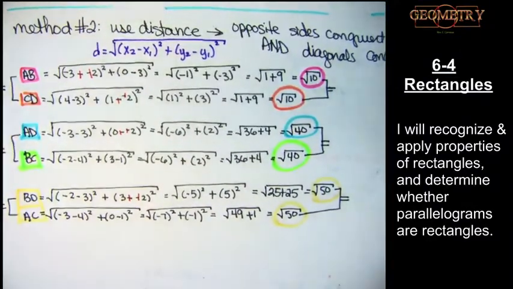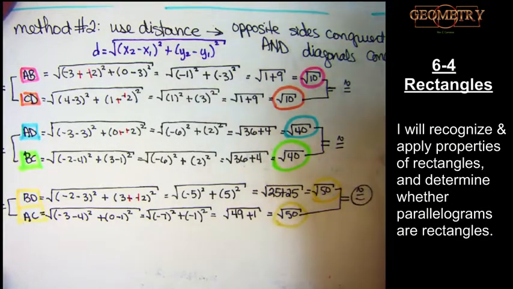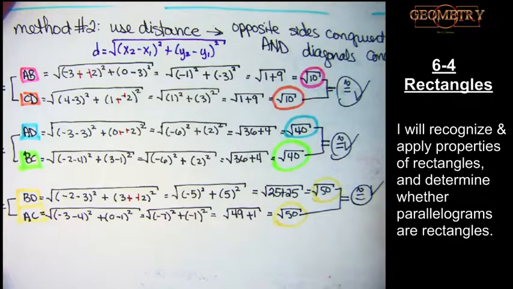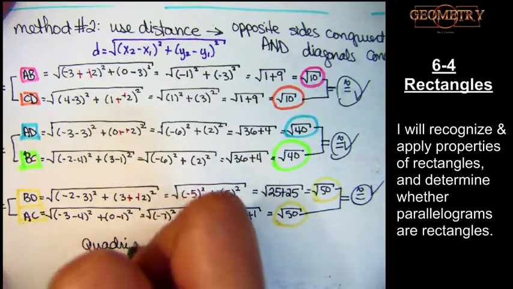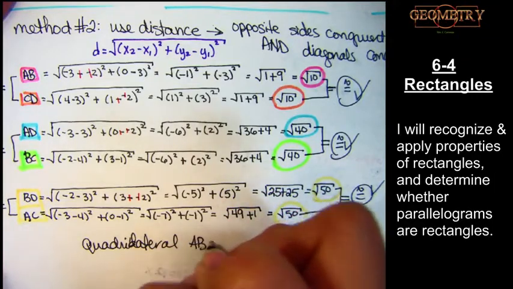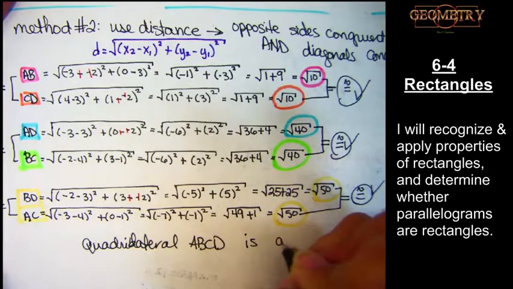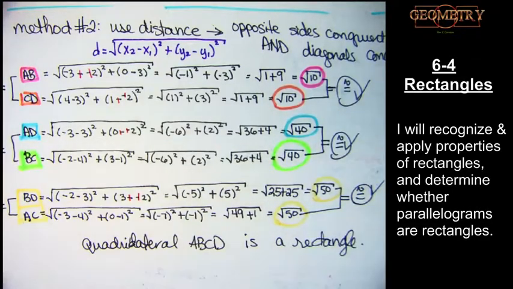There it is. Congruent, congruent, congruent. I have 3 yeses. That means that quadrilateral ABCD is in fact a rectangle and is allowed inside the shape rectangle part.